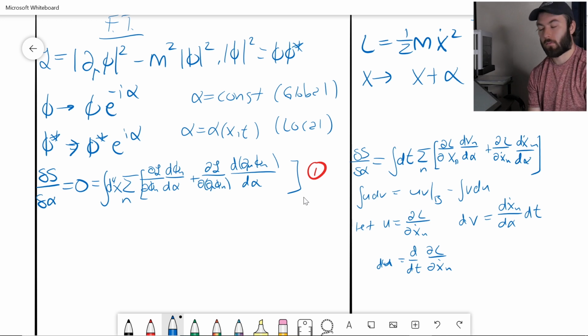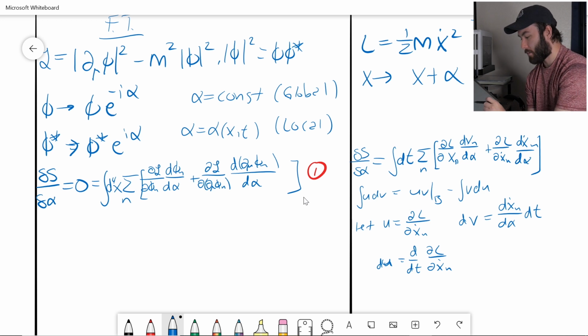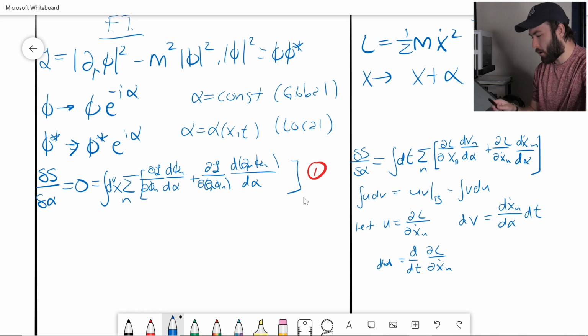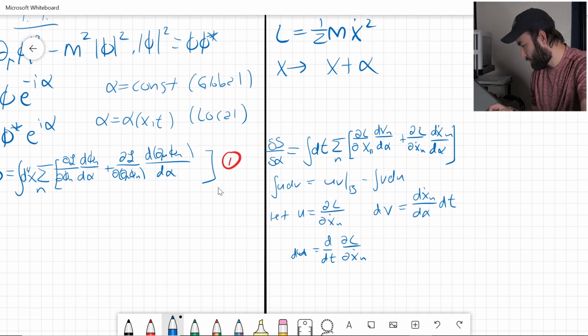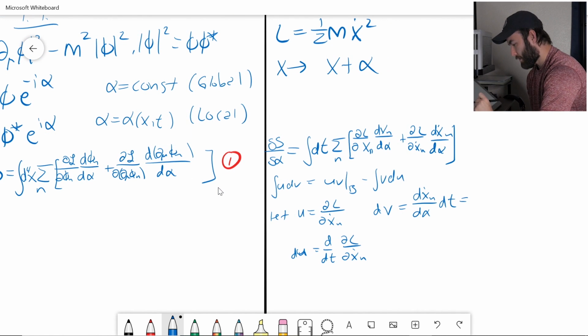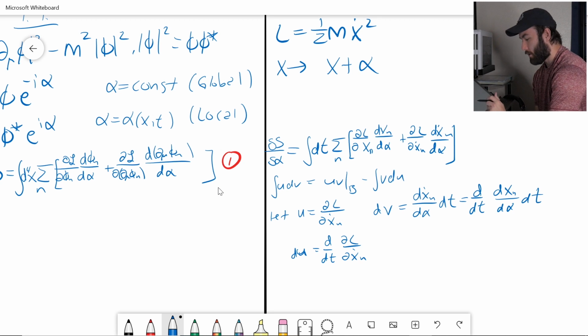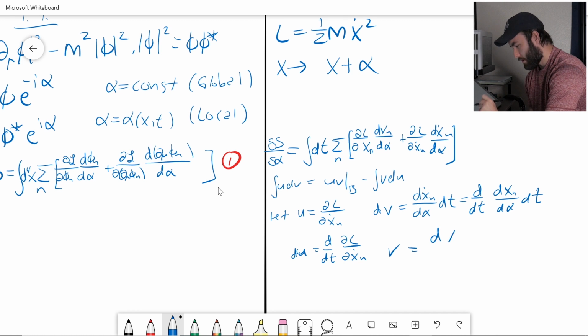But we can write this a different way. Alpha doesn't depend on time, everything commutes, so we can pull out this time derivative outside. So this is equal to d/dt of dx_n d alpha, dt. So when we take the integral here, the integral of the derivative is the argument, v is equal to dx_n d alpha.